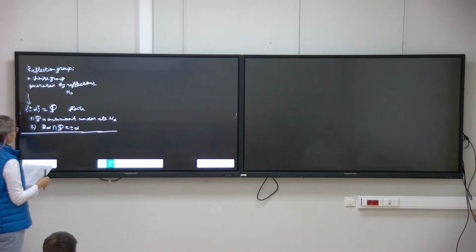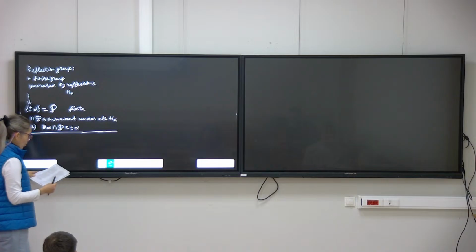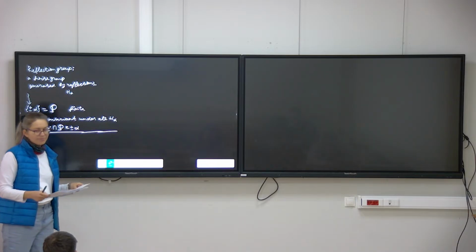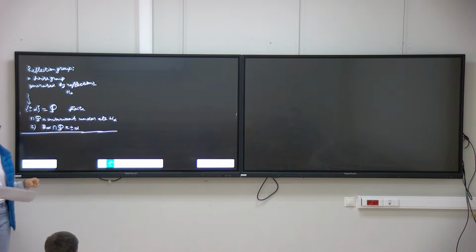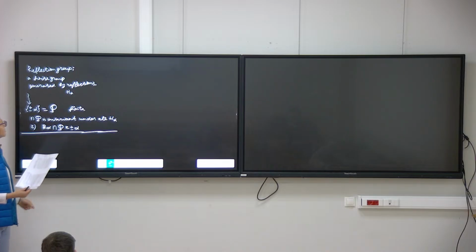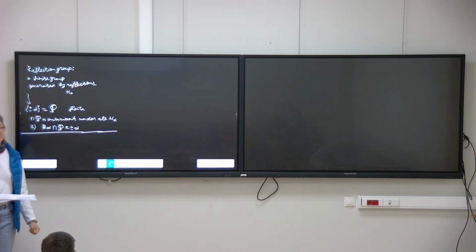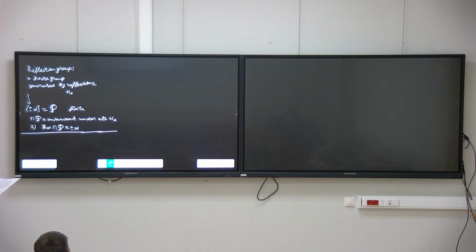And what we have done, we showed that if M is a regular polygon, then its symmetry group is a reflection group. Now we want to prove that all such graphs are Fourier graphs.